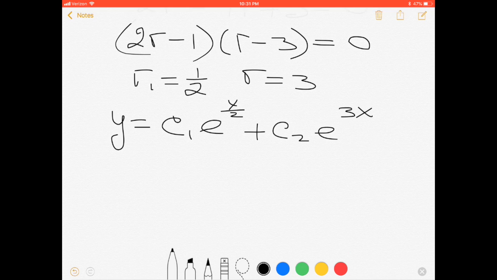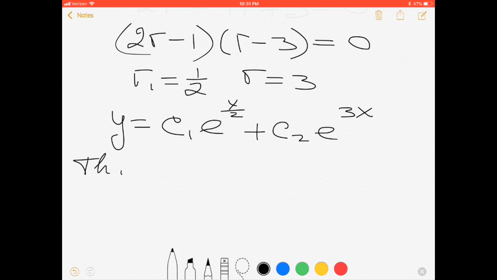Because our characteristic equation is a quadratic equation, now we know what to do if we have two real different roots. But what happens if we have equal real roots? Here we have a theorem.